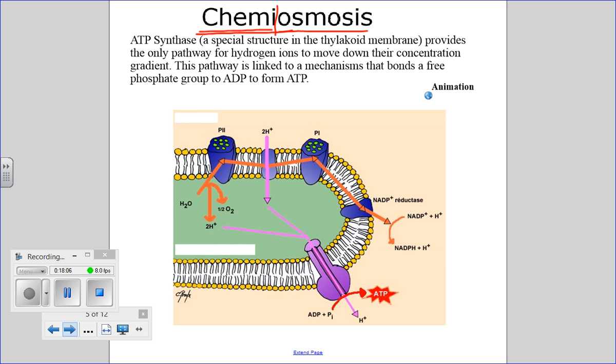So during chemiosmosis, here's what's going to happen. I'm going to situate you in this picture. This picture is showing me, first of all, a thylakoid membrane. Now, a membrane is always made up of a phospholipid bilayer.